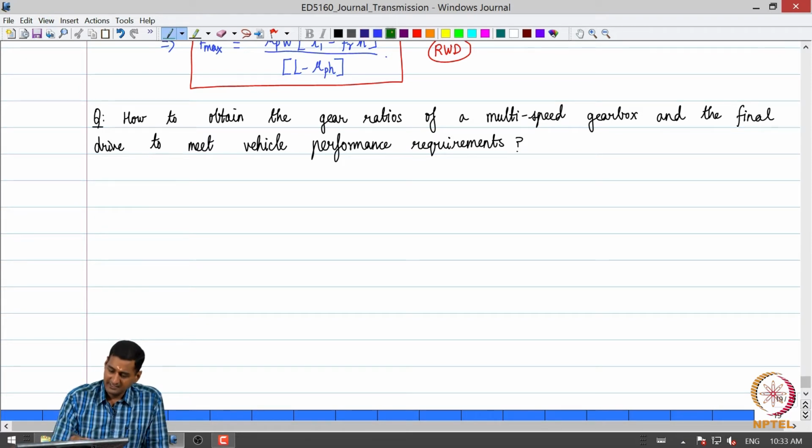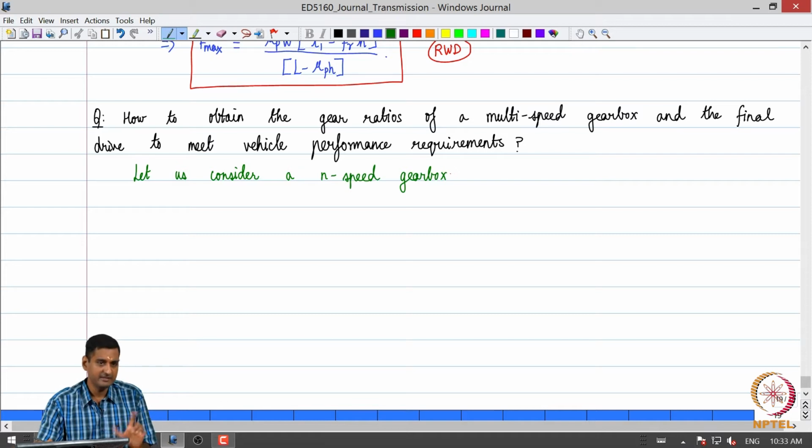In this regard, let us consider an n speed gearbox, without loss of generality. What is meant by an n speed gearbox? There are n gears in that gearbox.